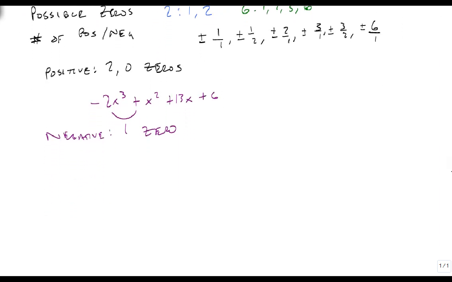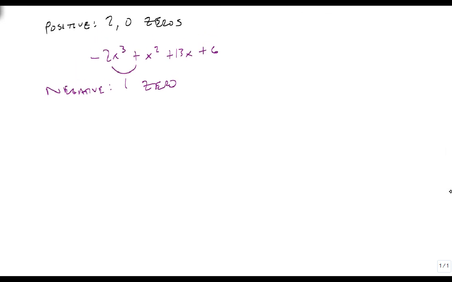All we need to do is start looking for them. So I'm going to rewrite this real quick. We've got positive 2 or 0, negative 1, and we had plus or minus. Oh, this is where I wanted to rewrite it. So going from smallest to biggest, we've got 1/2, 1, 3/2, 2, 3, 6.